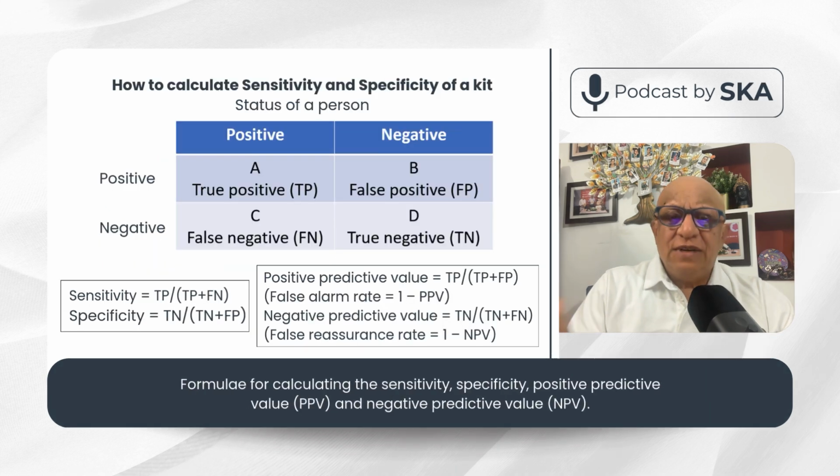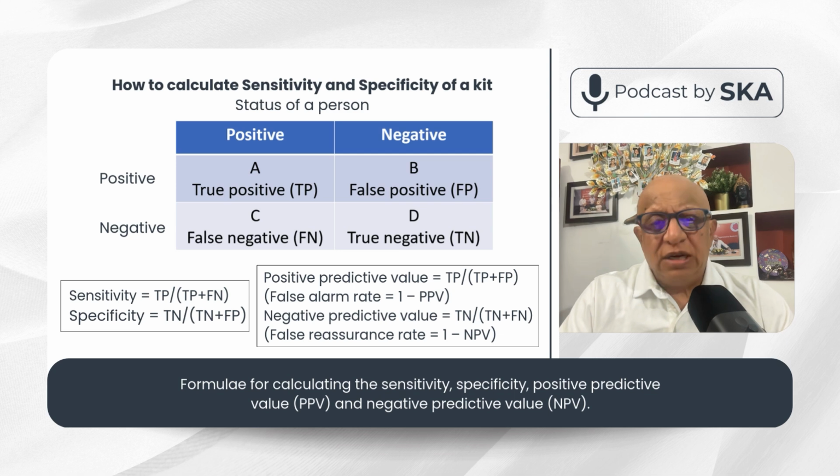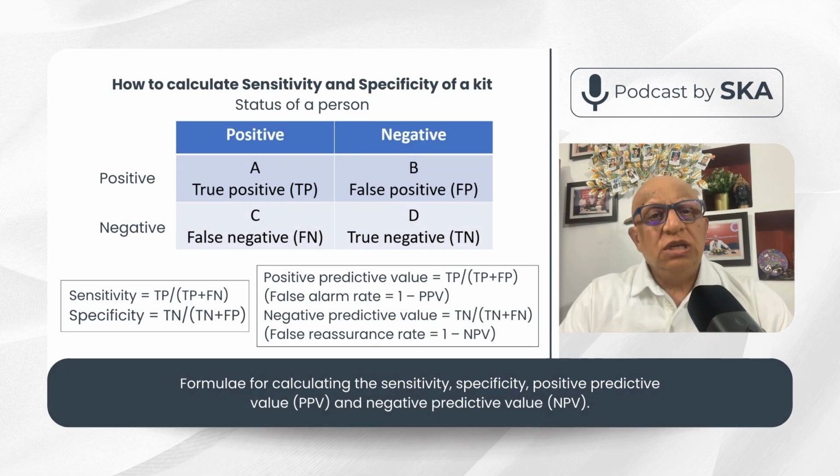So sensitivity and specificity can be calculated very easily when you know the gold standard, which can be used to look at the true positives and true negatives, and then you can calculate these by using the standard formula.